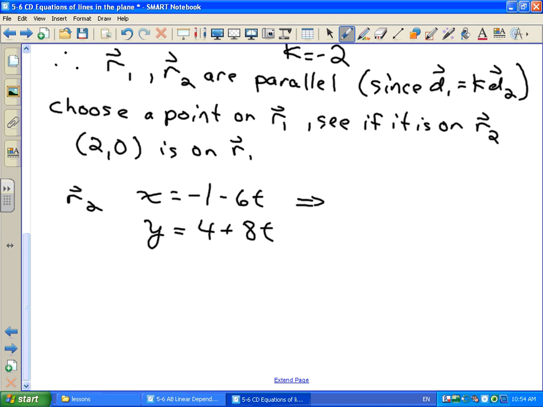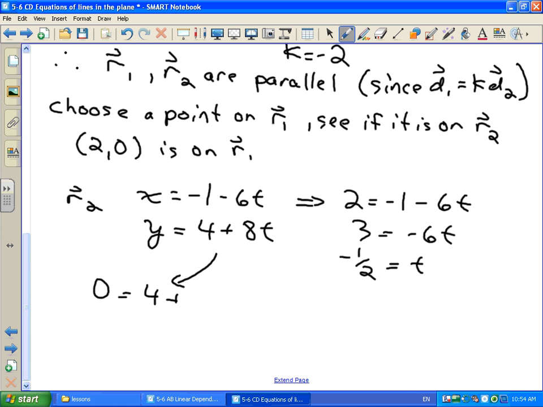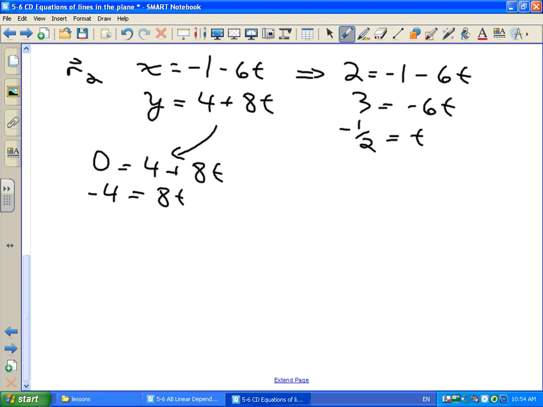So we'll do 2 equals -1 minus 6t. 3 equals -6t. t equals -1/2. Okay. And let's do the same thing for y here. 0 equals 4 plus 8t. -4 equals 8t. So t equals -1/2. So we get the same value of t, that same scalar, when we do both of these.